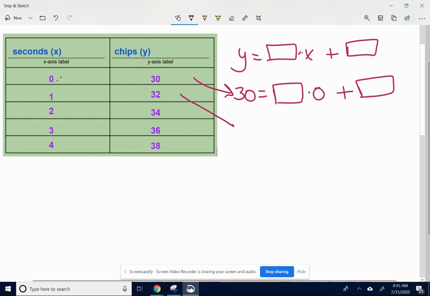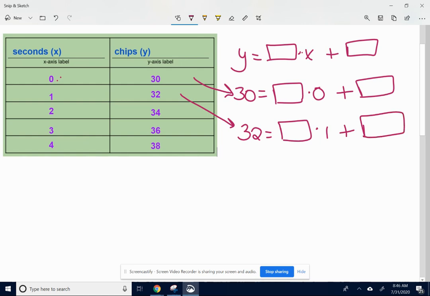Let's look at another one. It works for all of them, but let's just look at a couple. 32 is my y value. So 32 must equal some number times my x value of 1 plus something. Let's look at a third one.